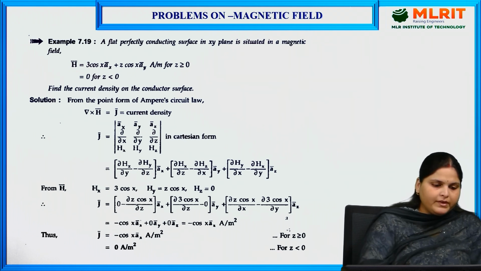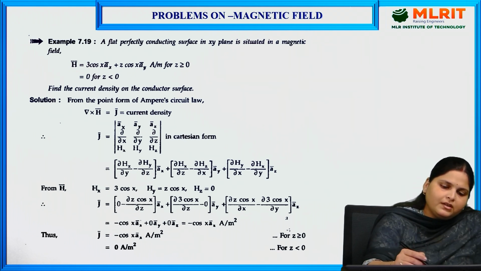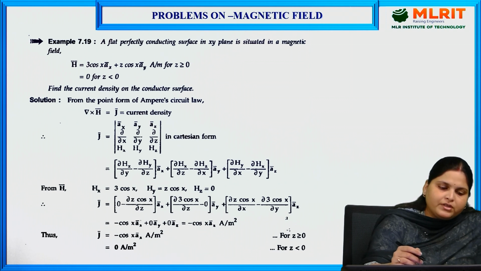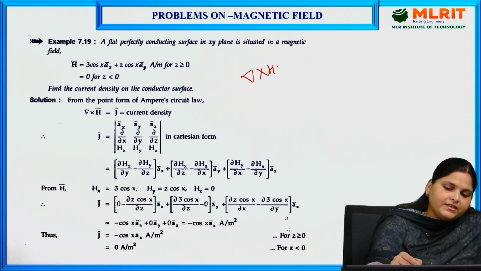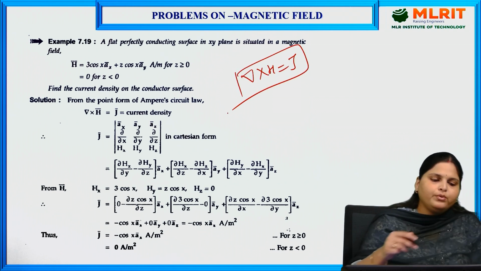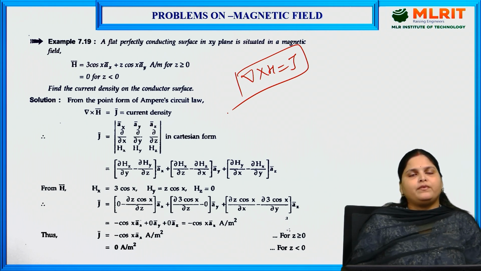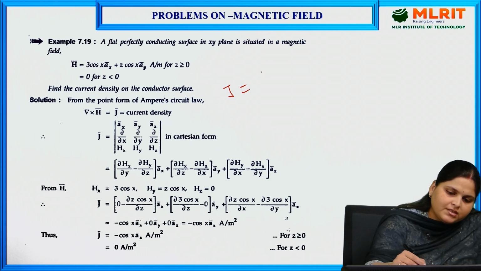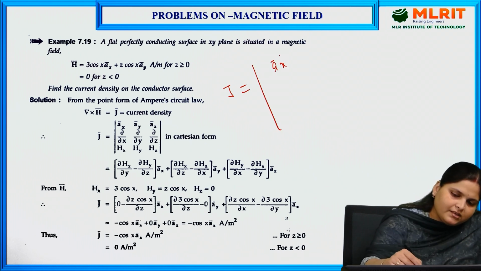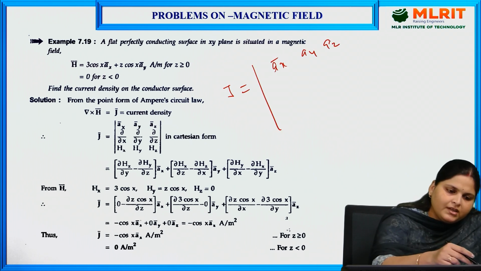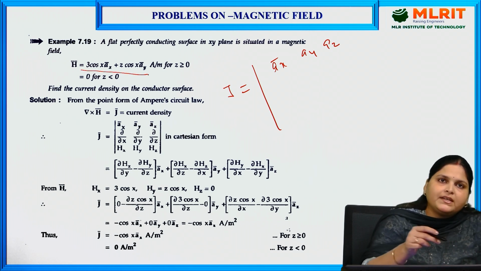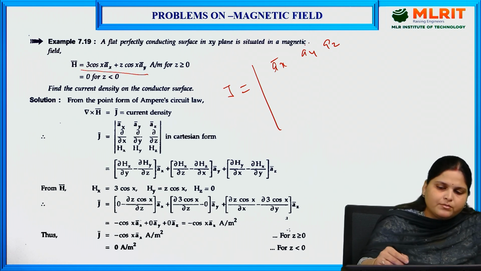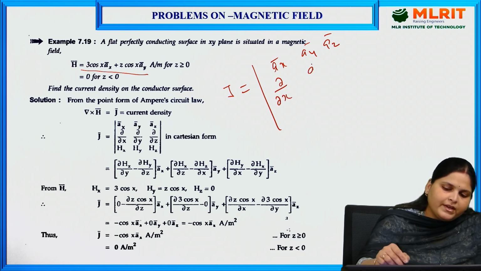So let's solve it. If H is given and we need to find J, the relation between H and J is del cross H is equal to J. So we have to find the curl of H. From this equation it is clear that it is in the Cartesian coordinate system, so we can write ax, ay, az, and here dou by dou x, dou by dou y, and dou by dou z.